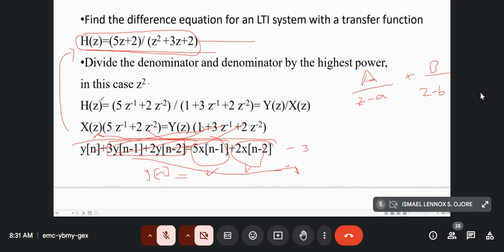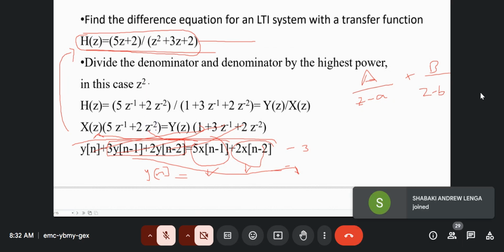Of course, when you deal with difference equations, you don't have future terms, and that's what something like z squared or even z means. It means you actually have future samples. So you'd have to divide by z squared so that you don't have any future samples.